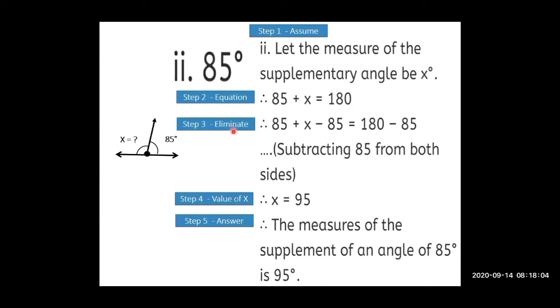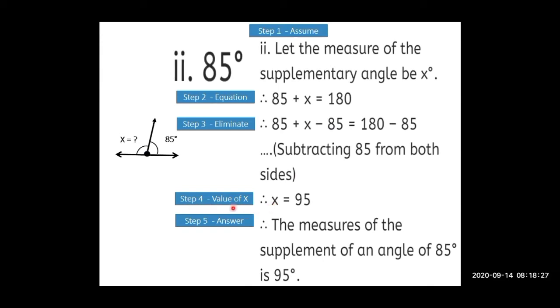Step 3, eliminate. Therefore, 85 plus x minus 85 equals 180 minus 85, subtracting 85 from both sides. So plus 85 and minus 85 get cancelled and become 0, and x will remain on the left hand side.